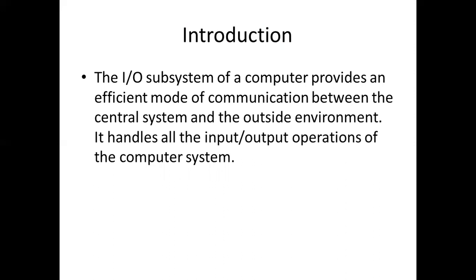When you're talking of the outside environment, we're talking about us users when you're using those devices to communicate with the inside central system. So that is the job of input and output. So it does handle all the input and output operations of the computer. That is actually the job of the input and output subsystem.